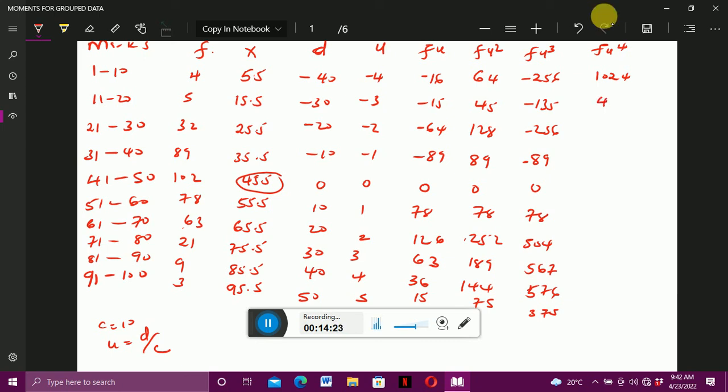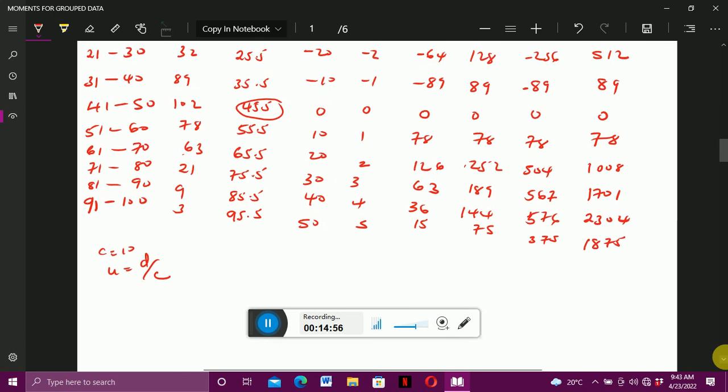Then we have 405, 512, 89, 0, 78, 1008, 1701, 2304, 1875. So the next thing that we need to do is sum the columns that need to be summed.